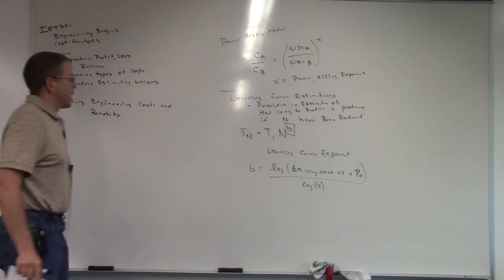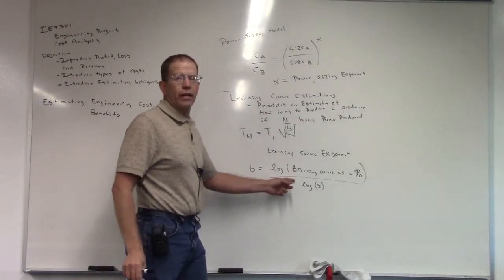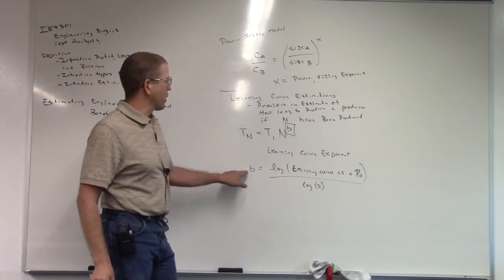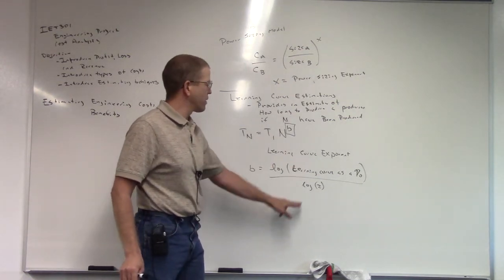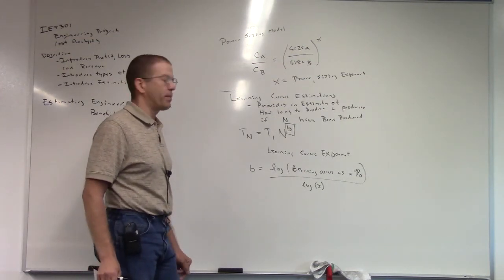So if you say that each item is going to take you 80% of the time it took you to produce the previous item, your learning curve exponent will be the log of 0.8 divided by the log of 2, and that'll give you your learning curve exponent.